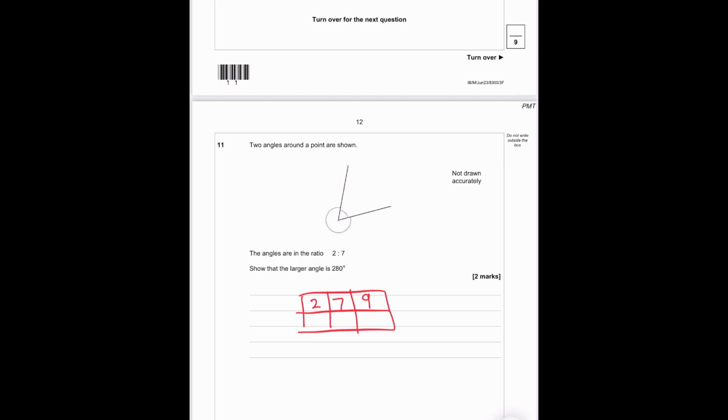Well, we know that all the angles around a point total 360. So we're going to times this one by 40. We're going to times this by 40 to get 80. And 7 times 40 is 280. So we have shown.